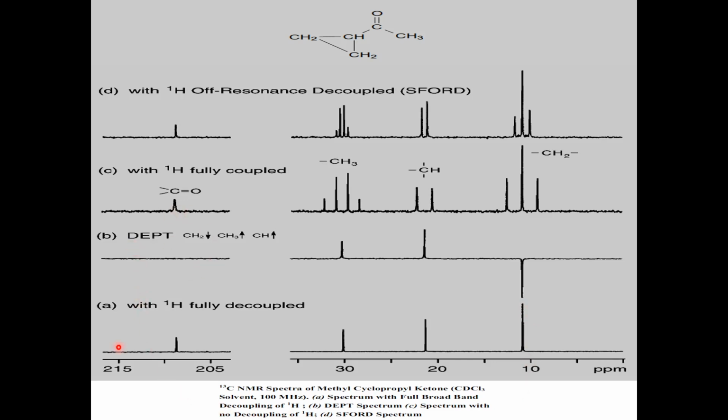Also here you can observe that this spectrum is called the completely decoupled spectrum. The number of signals here matches the number of carbons in the compound, and all the signals in the completely decoupled spectrum appear as singlets. By running all the spectra, we can determine the carbon types comprising any natural product.